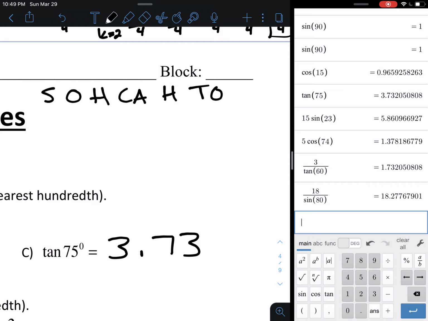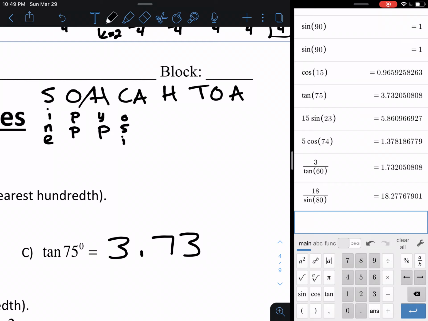And maybe that's stirring some memories of days back in geometry last year. It turns out SOHCAHTOA is still something you're going to use in Honors Algebra 2. Here's what SOHCAHTOA does: it allows you to remember the ratios for 3 trig functions. For sine, you take opposite divided by hypotenuse.